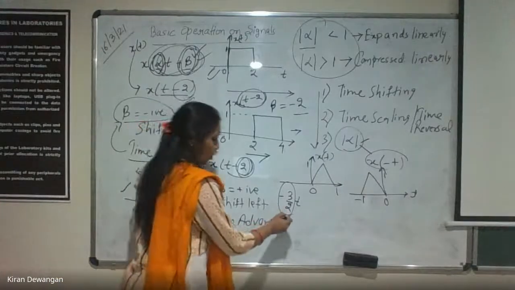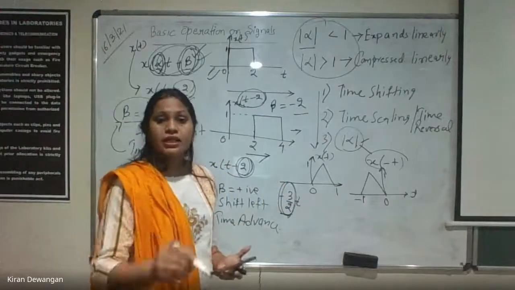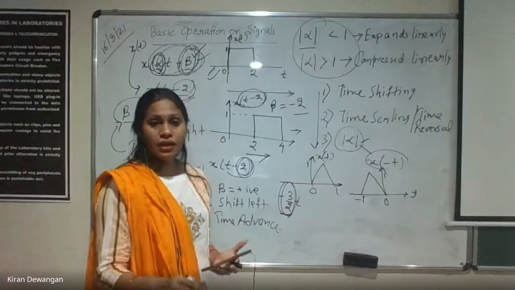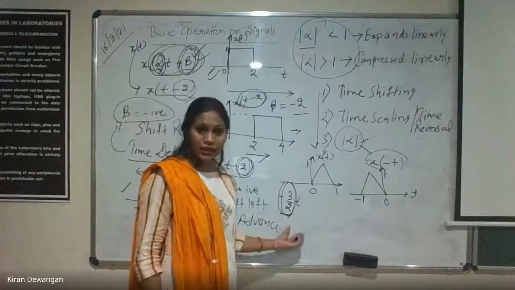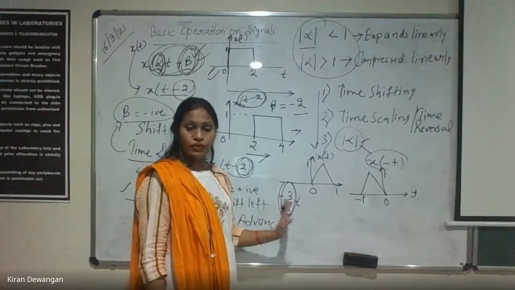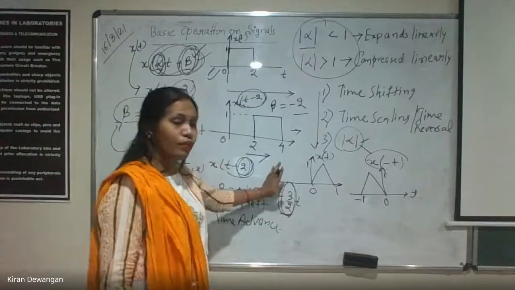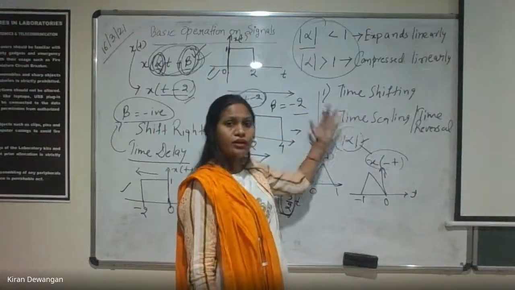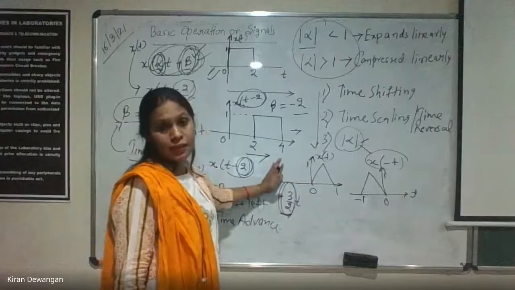You'll have to perform both time scaling as well as time reversal. Any of them can be done at any time. Either you do scaling first and then reverse the entire signal, or reverse first and then scale. That will also do. You can do it either way.